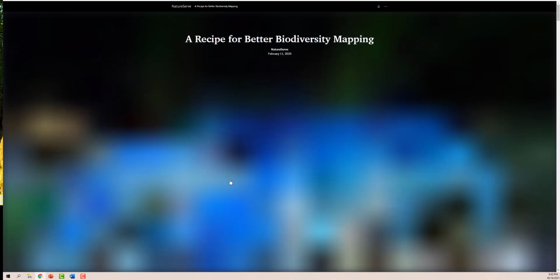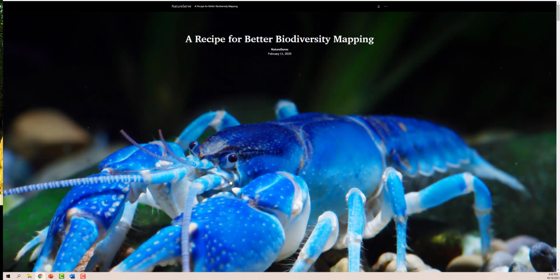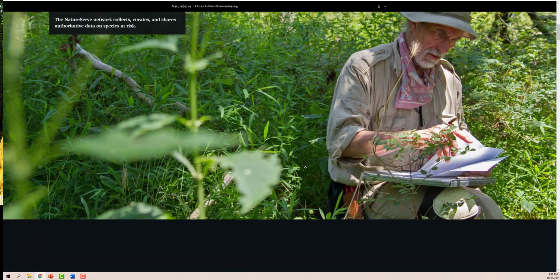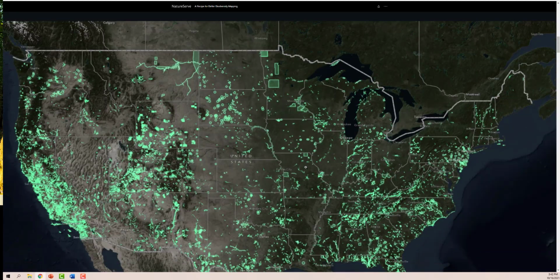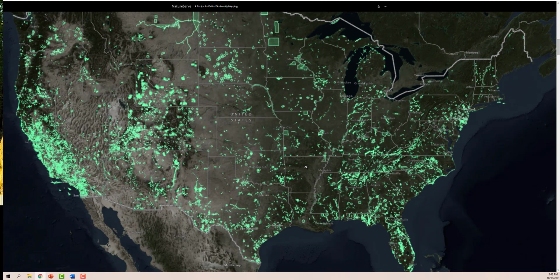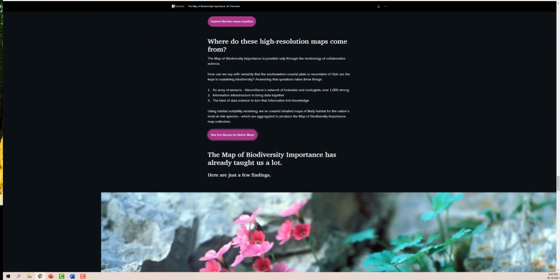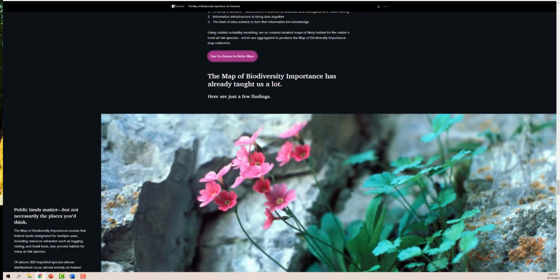And the recipe for better biodiversity mapping. This is another story map that we will explore, and I'm going to provide that resource for you as well, and you can read more about the specifics of how they make that map that we just looked at. A little bit of a diversion there. Let's get back onto the main road.